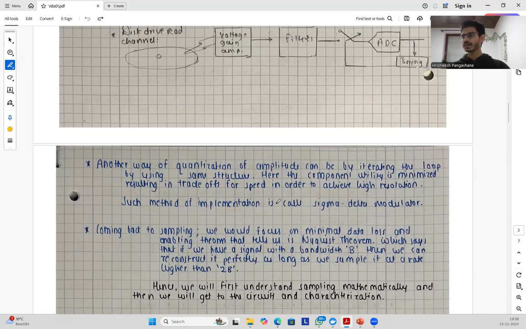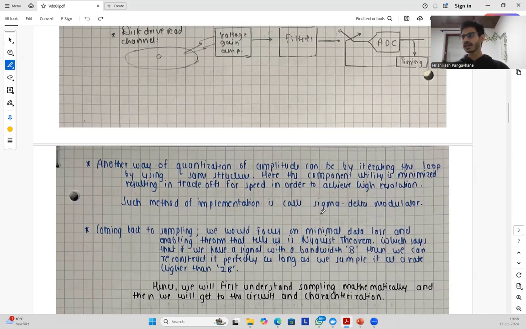Let's say we have a signal with bandwidth B, then we can reconstruct it perfectly in a discrete system as long as we sample it at a rate higher than 2B. While sampling, we also talk about the sampling rate, which we'll discuss in detail when we cover the sampling topic. So the sampling rate should be greater than twice the bandwidth of the signal.